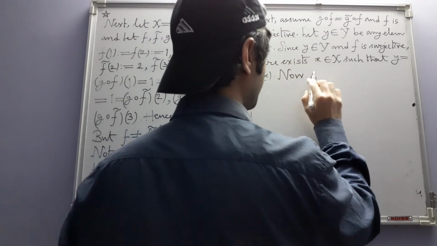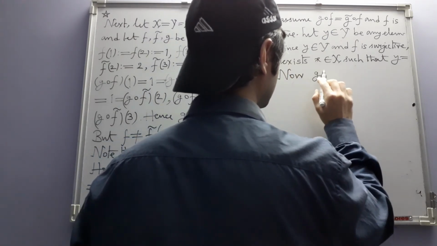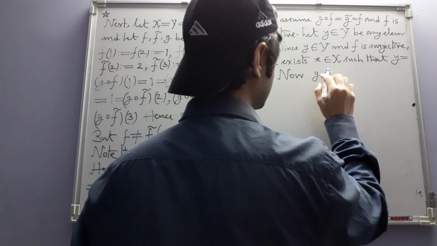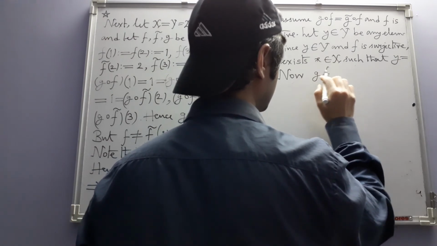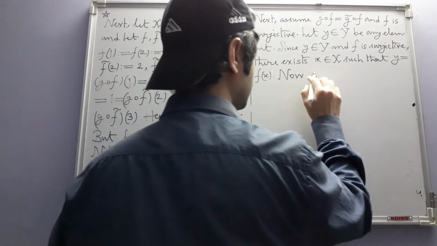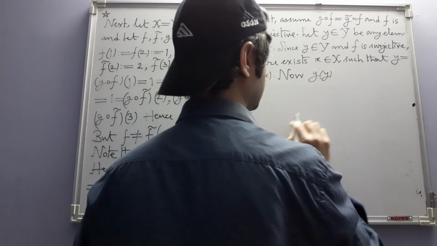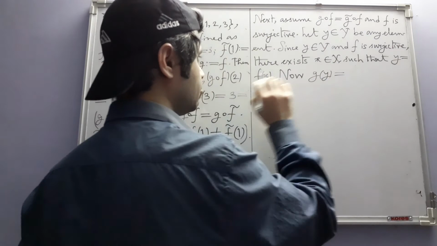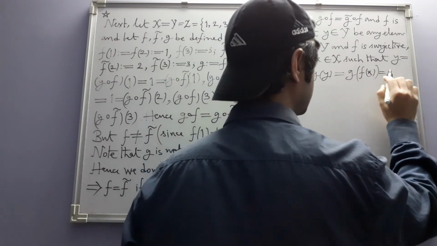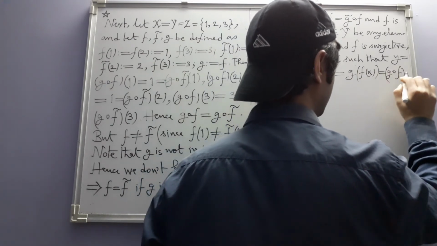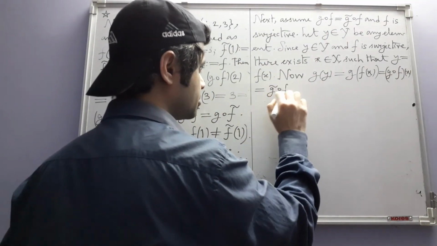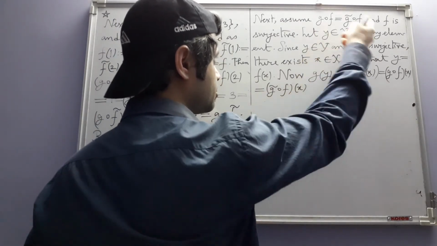Okay, let me argue like this. Now G of y is equal to, since y is equal to F of x, I can write G of F of x, which is nothing but G composition F of x, and this is equal to G tilde composition F of x, because these two functions are equal.